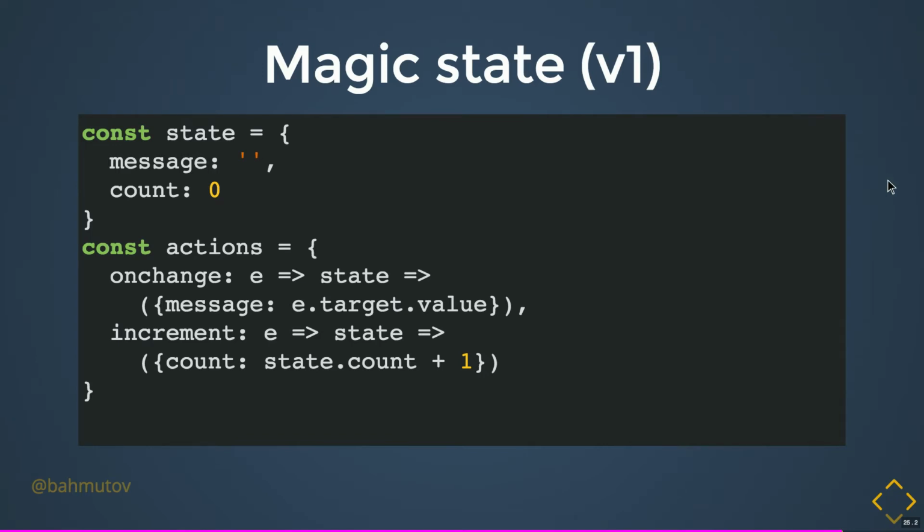So in v1, any action could just return not even the complete state, but whatever changed. So the action really could say, I only know how to change message, I don't care what else is there. I'll just return this change, and Hyperapp behind the scenes would just merge the change and create the big state.